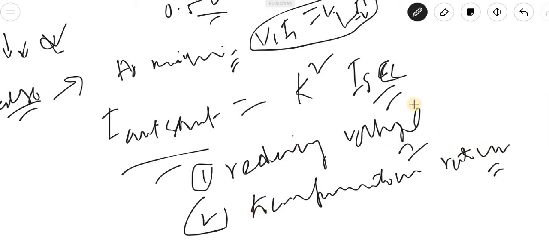Clearly see that one factor of k is for the voltage and one factor of k is for the turns ratio of the transformer. And this is the short circuit current, and this short circuit current is per phase.